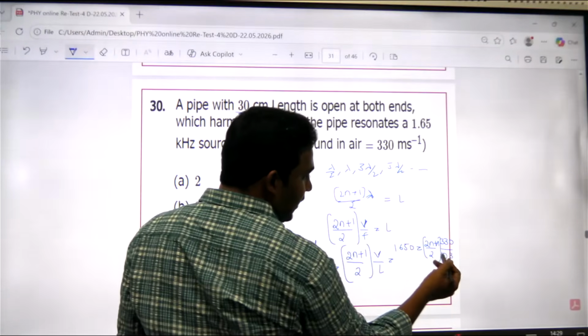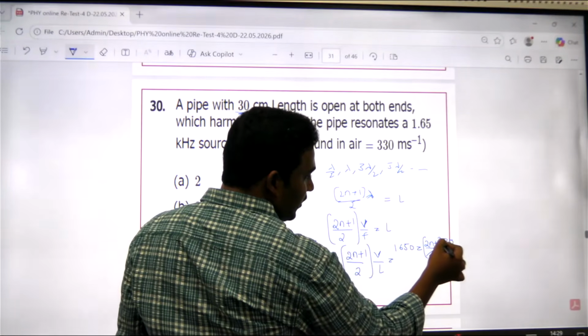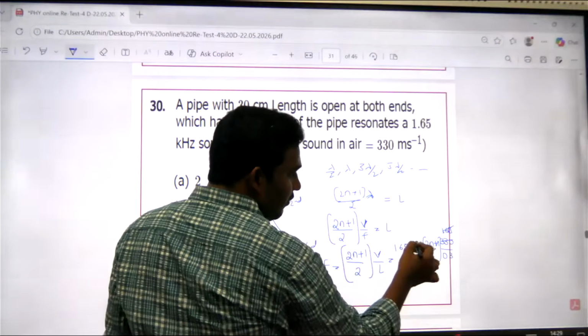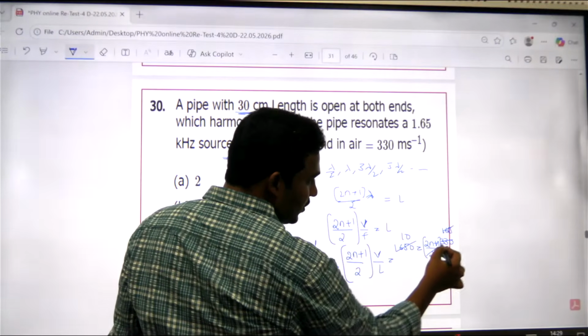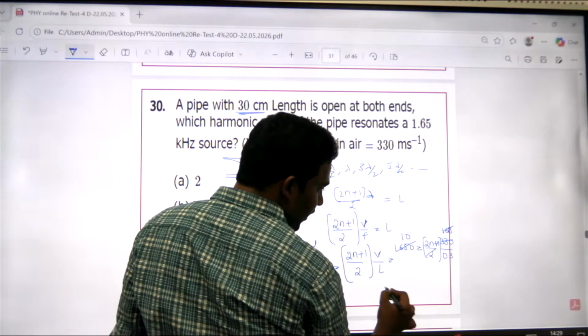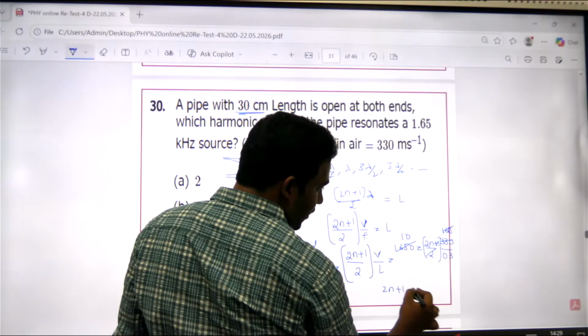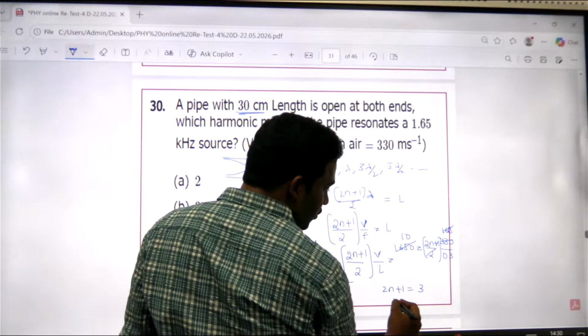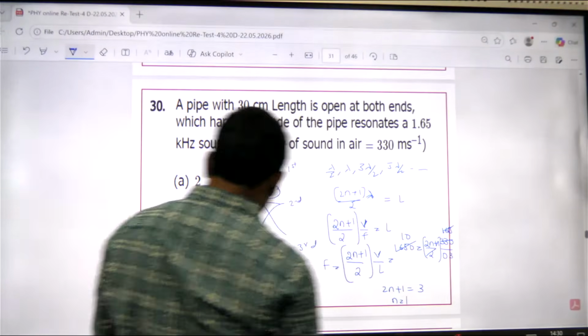Now if you calculate it, and simplify, you will get 2n plus 1 is equal to 10 into 0.3. 10 into 0.3 is 3. So n has to be equal to 1.